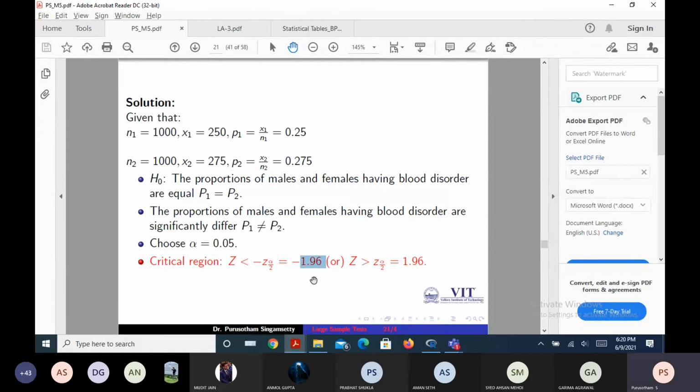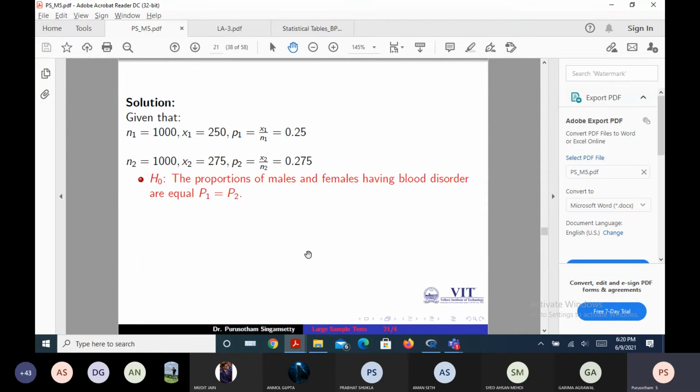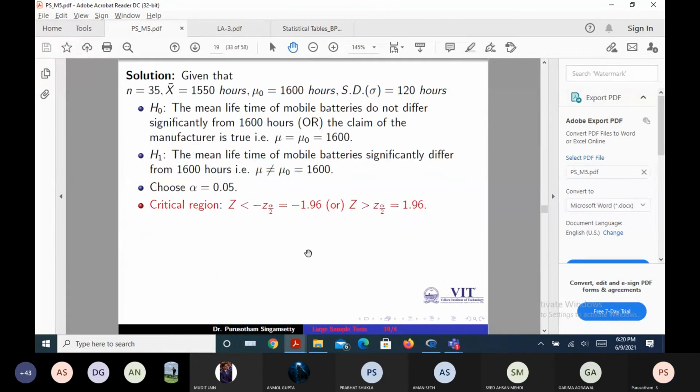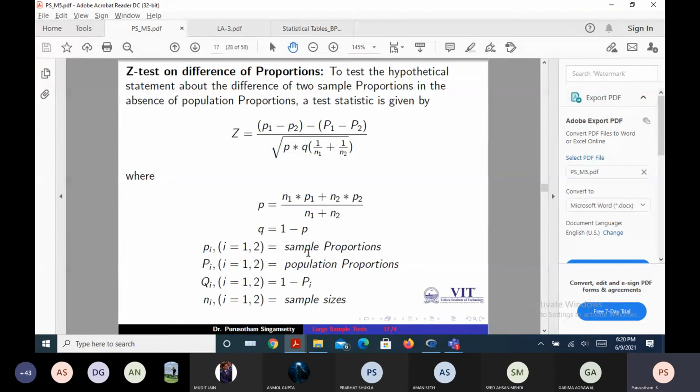Now, what is the test statistic that we need to use? I would like to show the formulas. This formula is used to test the hypothetical statement about the difference of two sample proportions. Do we have single sample proportion or two sample proportions? Two sample.